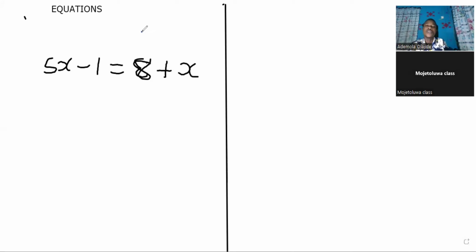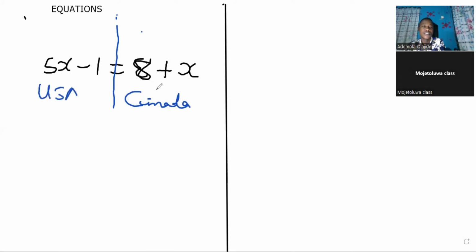But for this one, this equal sign is like the boundary between the two countries. So if this x moves to the left, this territory you see as Canada, and this place you see as USA. This x is positive in Canada, and it is going to the left.